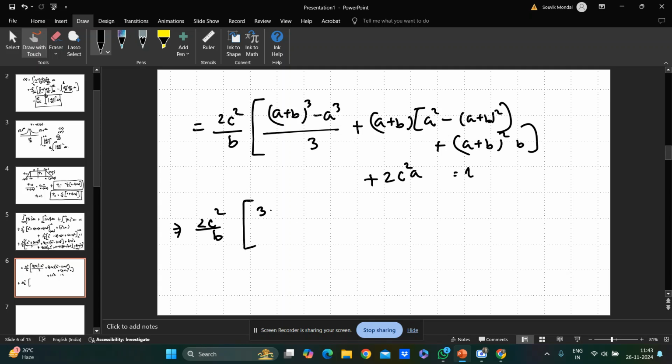This is a cube, 3a squared b plus 3ab square plus b cube by 3. Okay, so let's erase that 3 because we already divided by 3.